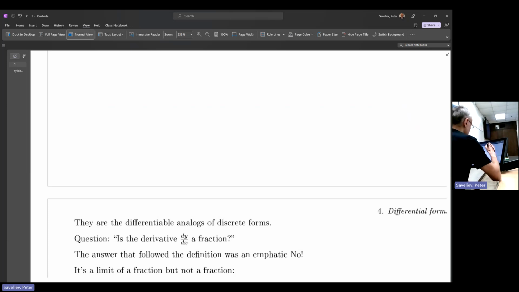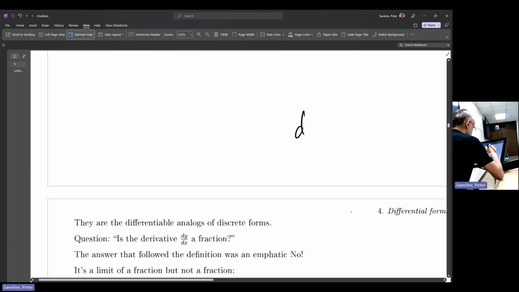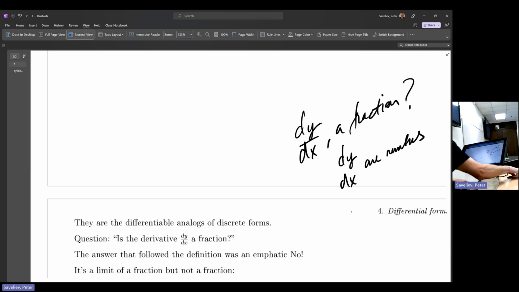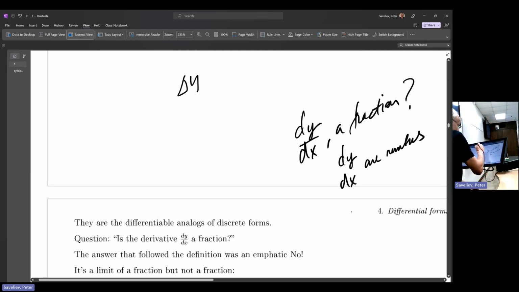What would dy dx be? So dy dx, a fraction. To be a fraction, the only way to understand it is that dy and dx both are numbers. Remember what we just did before: delta y over delta x, those are surely numbers.